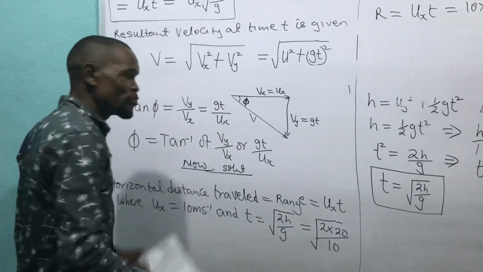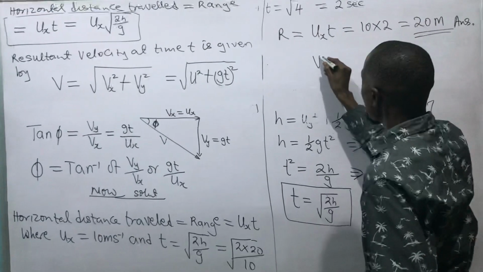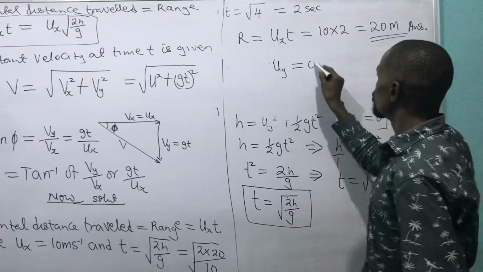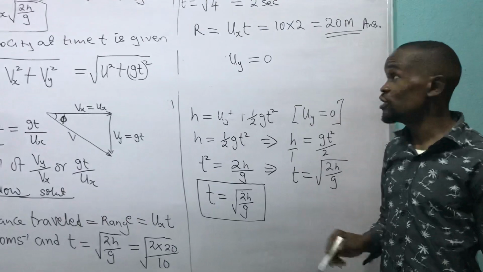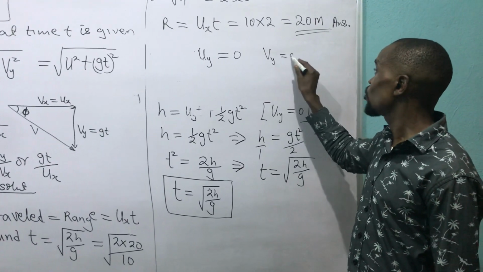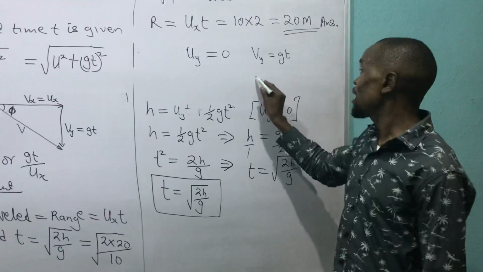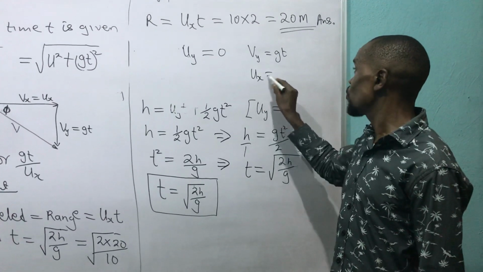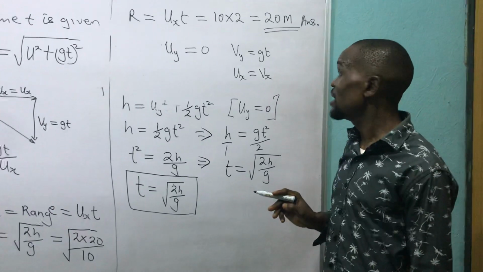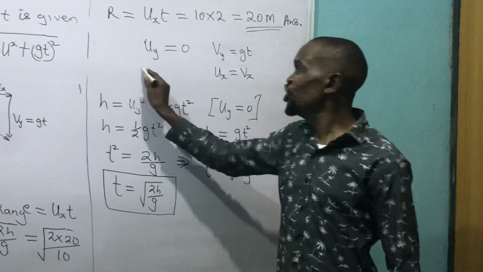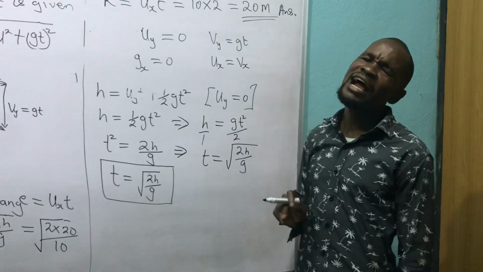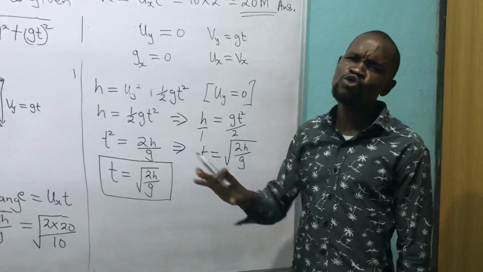And the vertical initial velocity uy is equal to 0. Are you getting what I'm saying now? Also that vy is equal to gt. And also that ux is equal to vx. These things we needed to know. And gx is equal to 0, meaning that acceleration due to gravity has no effect on horizontal motion.